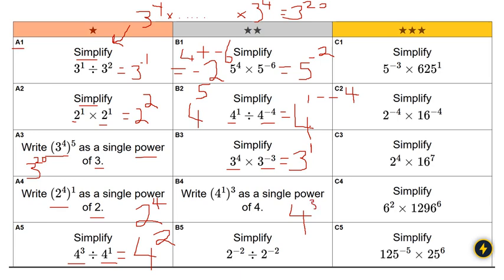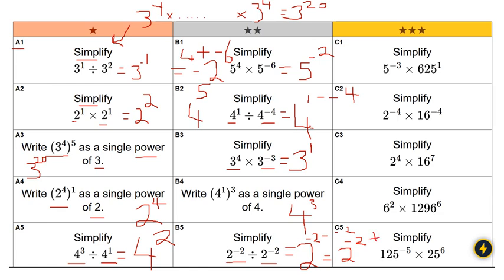And then B5, simplify 2 to the minus 2 divided by 2 to the minus 2. Hopefully you can see here I'm dividing a number by itself, so I get the answer of 1. But see what actually happens: we're going to have 2 to the power of minus 2 minus minus 2, so that now becomes 2 to the power of minus 2 plus 2, which is 2 to the 0.